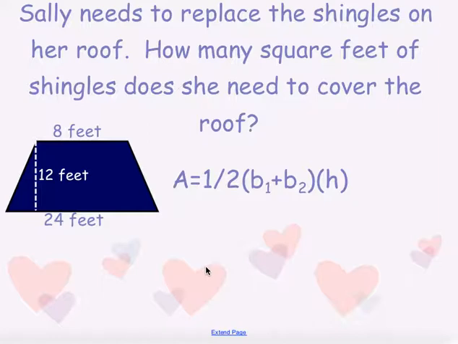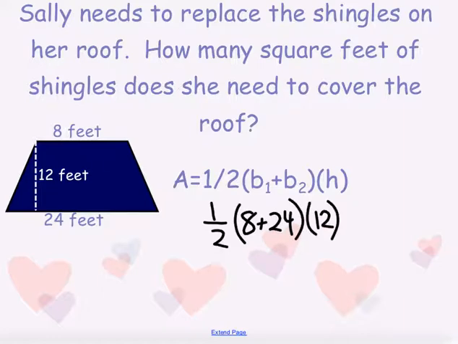So we need to replace the shingles on this roof, and she has a trapezoidal roof. And so we need to find this area. And we're going to do 1/2 times base 1 plus base 2, so 8 plus 24. And then we're going to multiply by 12, our height. Remember, always when we're looking at heights, it's going to be that perpendicular to our base. And in this case, our height is perpendicular to both bases.